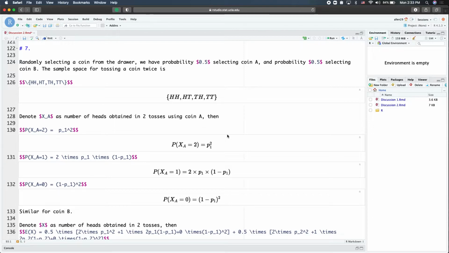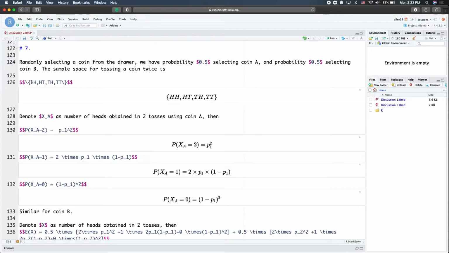Okay, then for question 7. So we also have 2 coins, but this time we select one and toss it twice. For tossing a coin twice, we have to consider 2 heads, 1 head and 1 tail, and 2 tails.